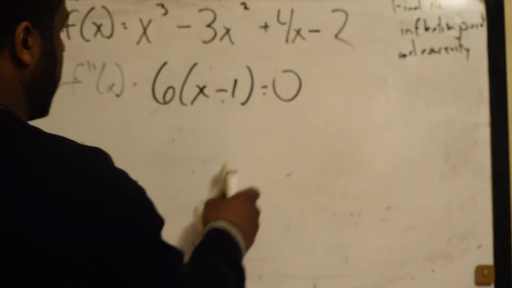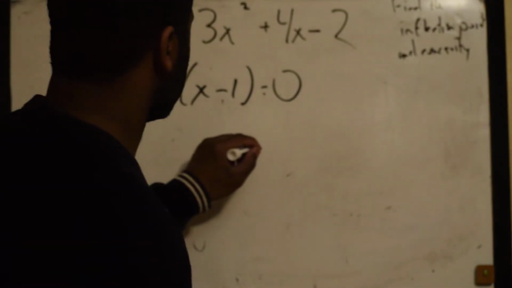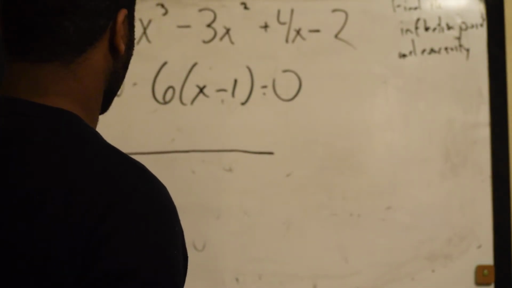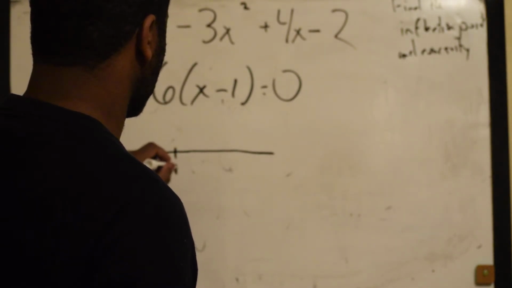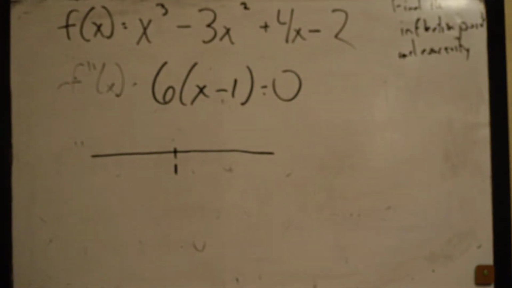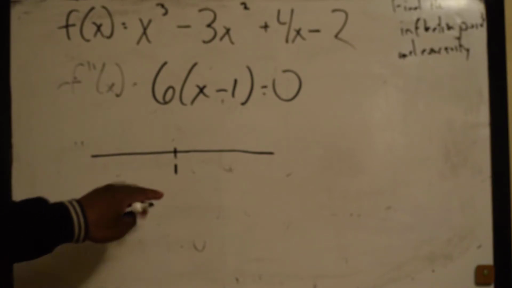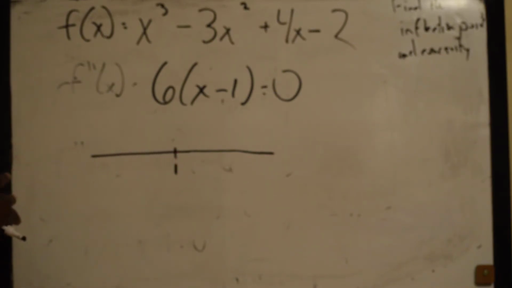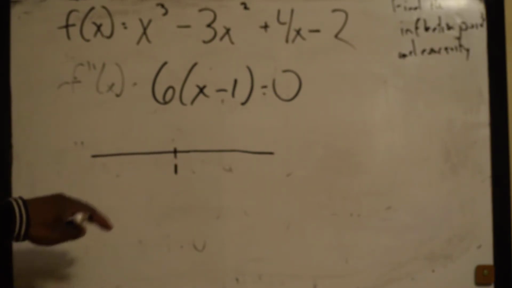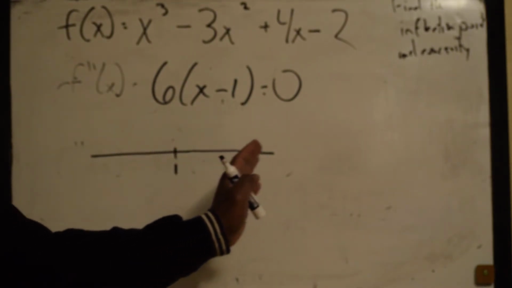Now, I want to set up a number line. Remember, our inflection point was 1. Now, I'm going to plug everything in. We evaluate anything smaller than 1, and then we're going to evaluate any number larger than 1.